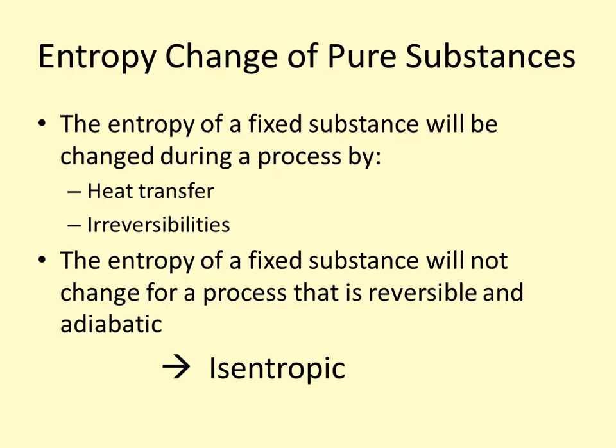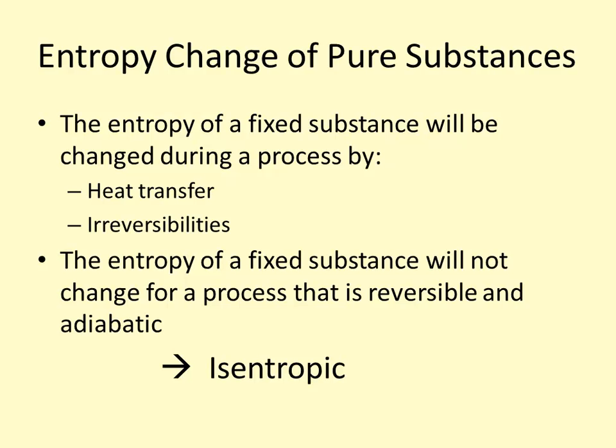If it's adiabatic, there's no heat transfer, and if it's reversible, of course, there are no irreversibilities. So no friction, no head loss, nothing in the system that would reduce the work output or the work input. So a system that is isentropic will represent the best work scenario. It'll be the maximum work output for a work-producing device and the minimum work input for a work-consuming device.